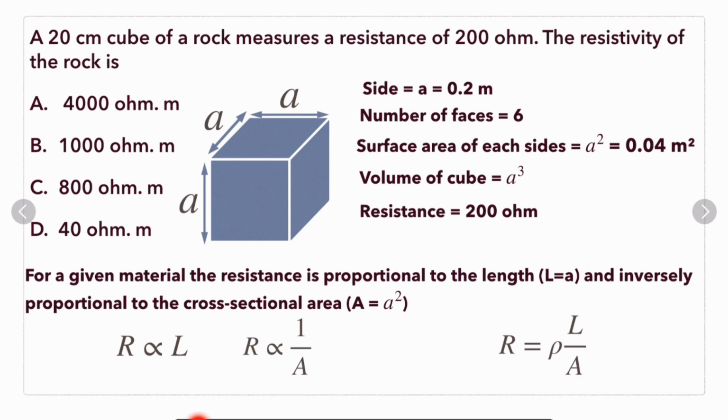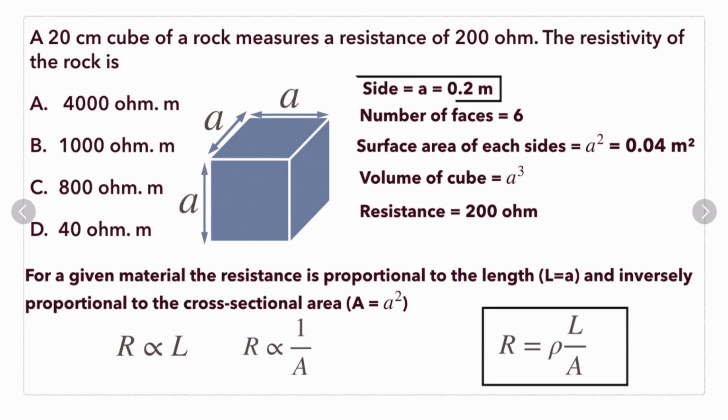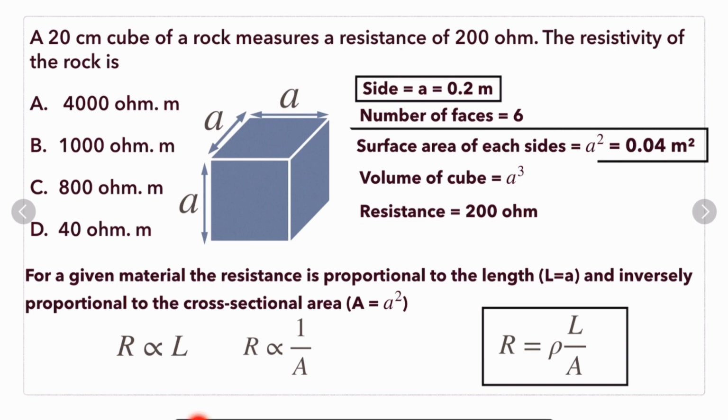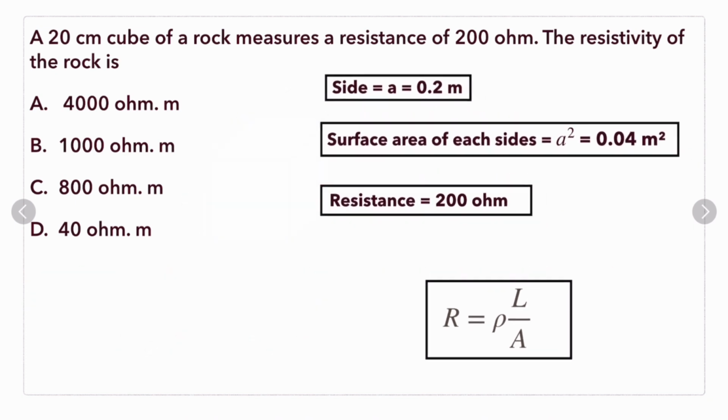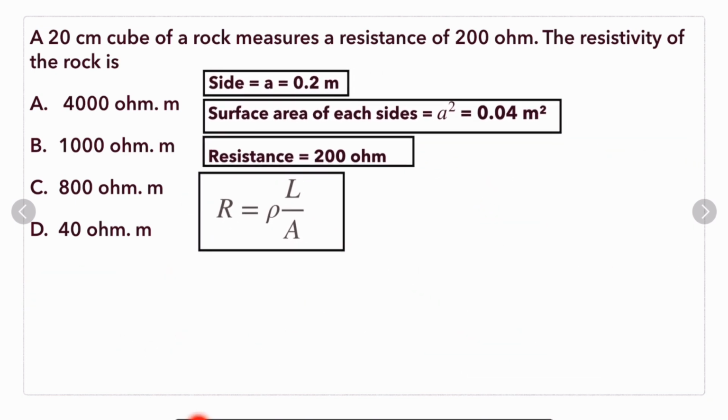If we use this formula, the side is 0.2 meter and the surface area is 0.04 meter square, and the resistance is 200 ohm. By putting the values of R, L and A, we get 200 equals rho into 0.2 divided by 0.04.